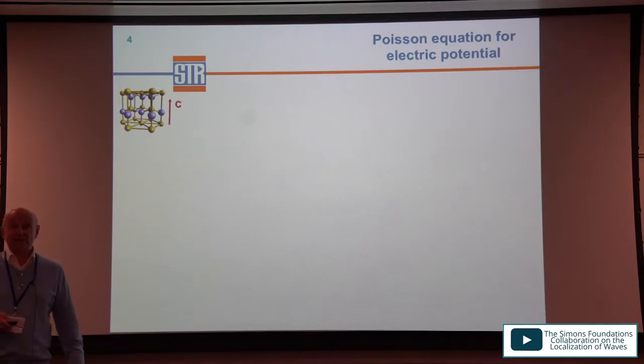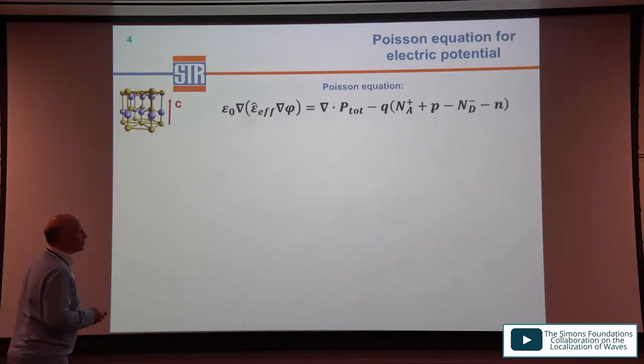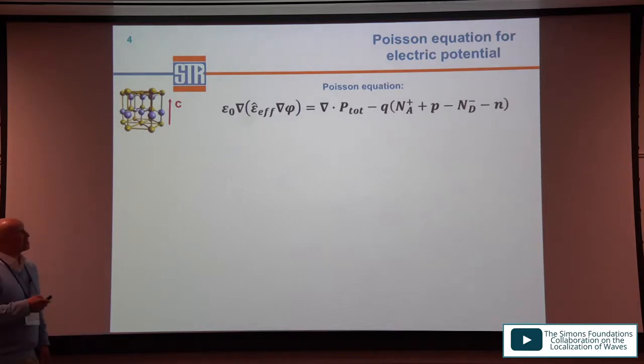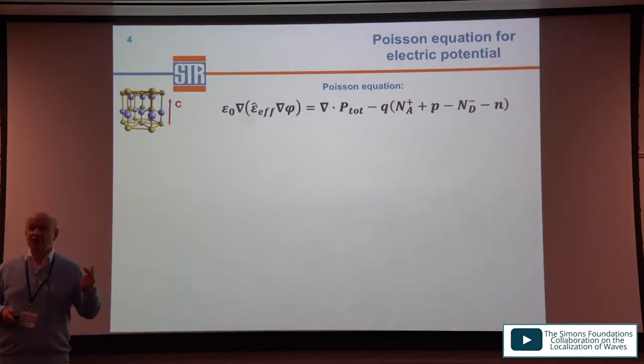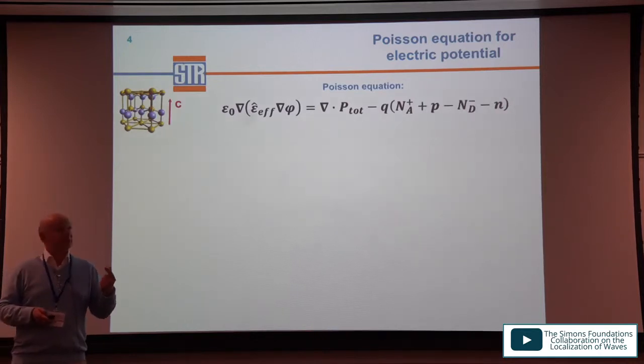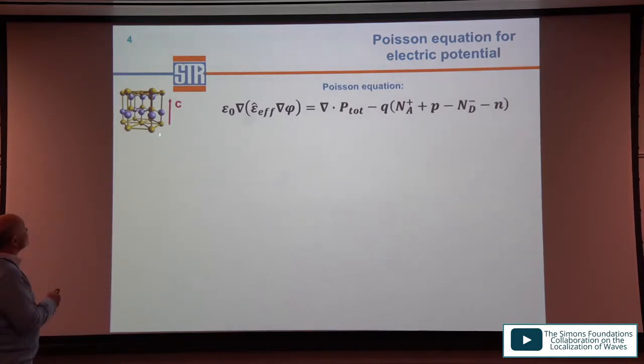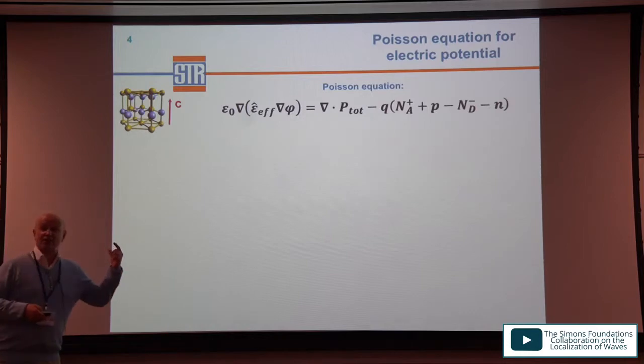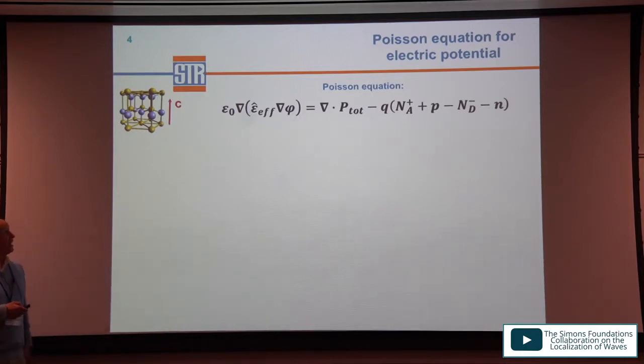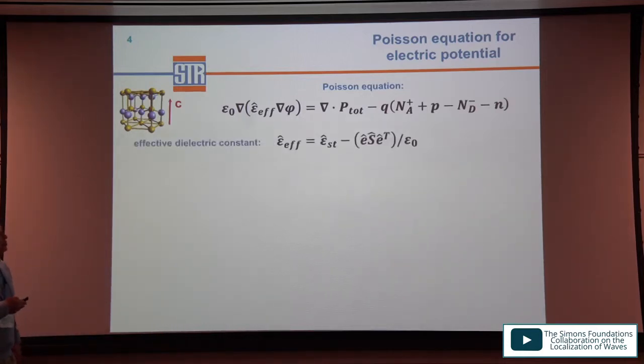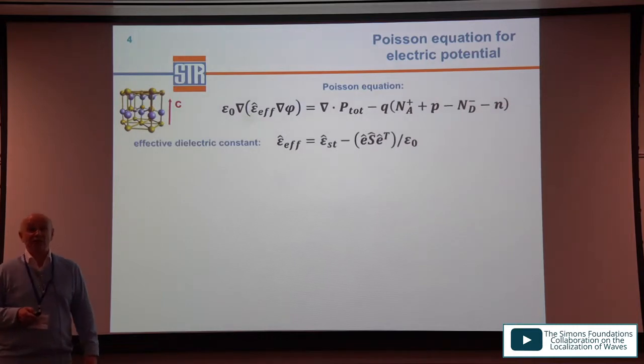First of all, let's go to the Poisson equation. The Poisson equation should be modified because in the case of nitride materials, first we need to take into account the anisotropy related to the selected hexagonal axis of the crystal, and we should also take into account the reverse piezoelectric effect.